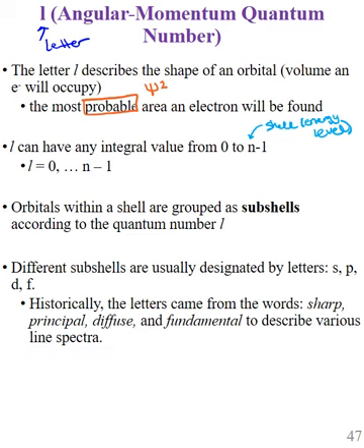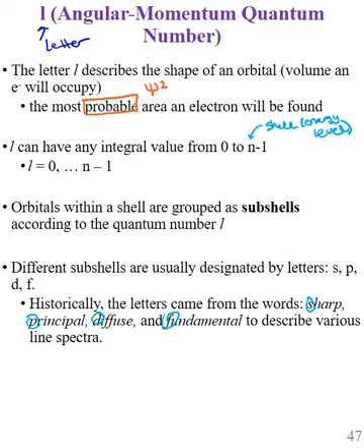Historically, the letters came from the words sharp, so S for sharp, principal for P, diffuse for D, and fundamental for F. And it describes various line spectra. You don't need to know that.